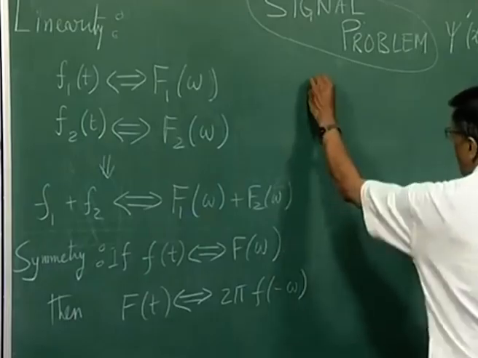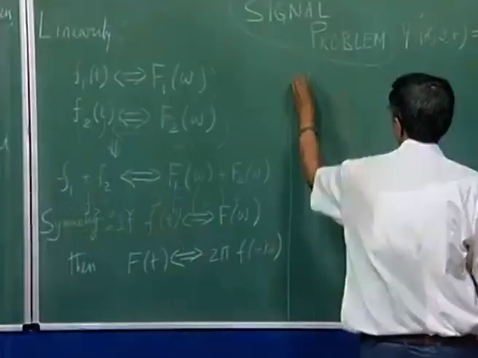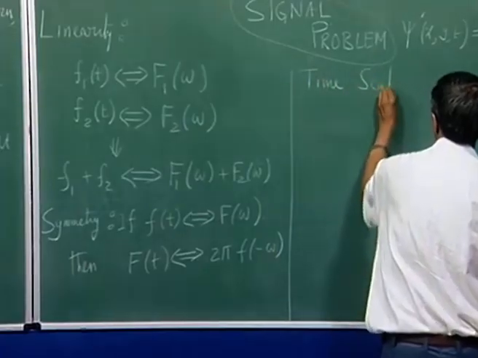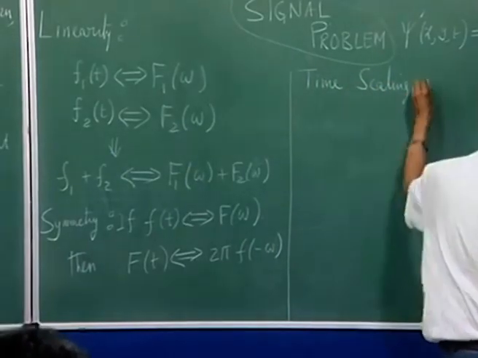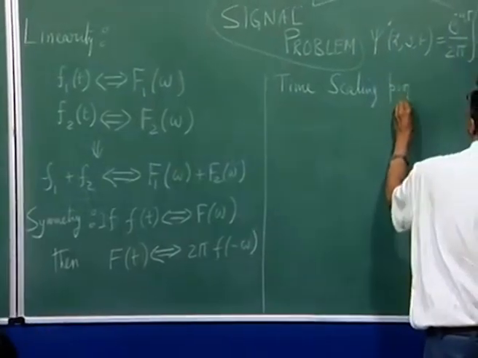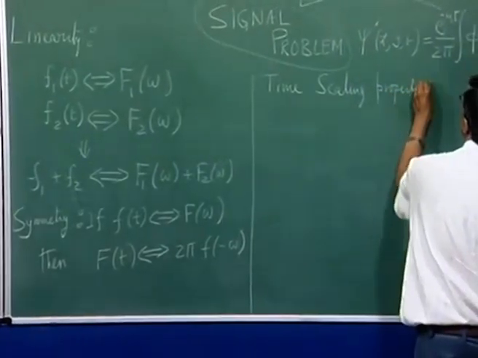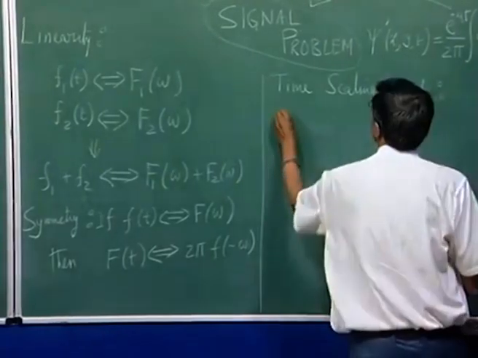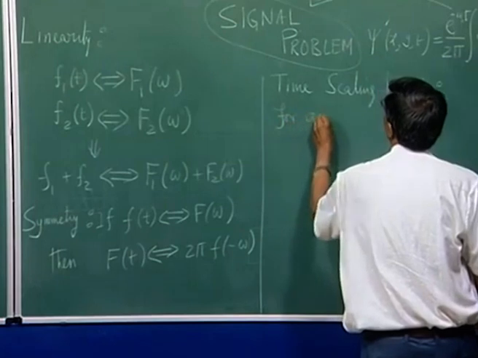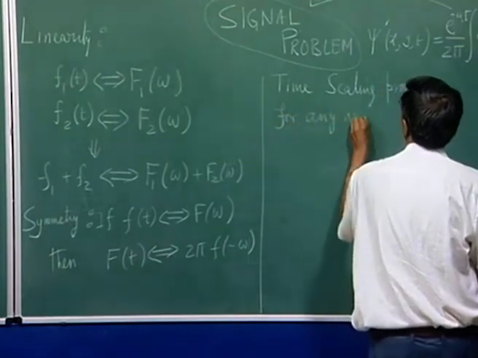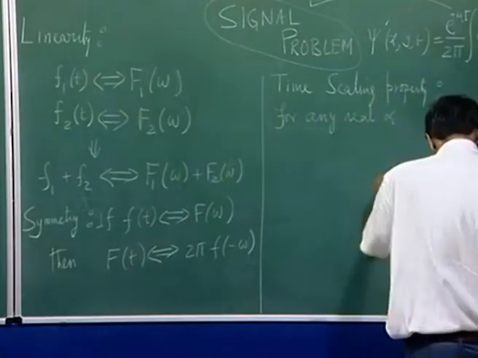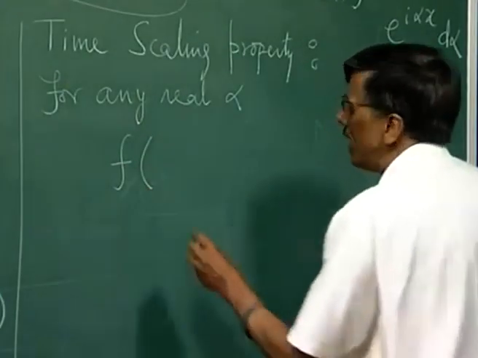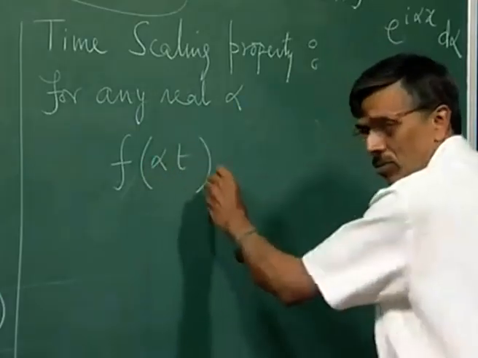There is something called the time scaling property. The time scaling property comes like this, that if I have a real constant, let us say alpha, and I have f of t, I scale that time by this constant alpha.